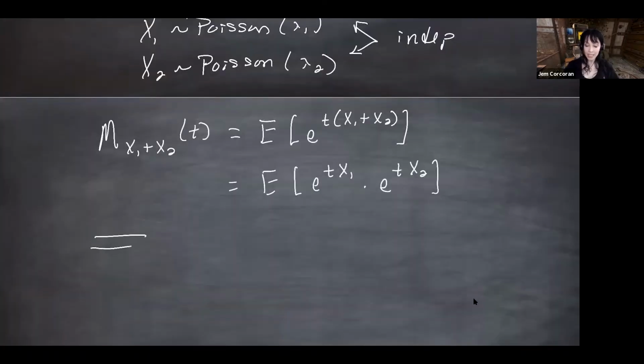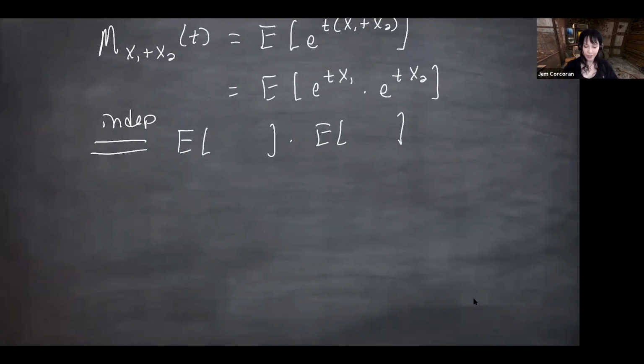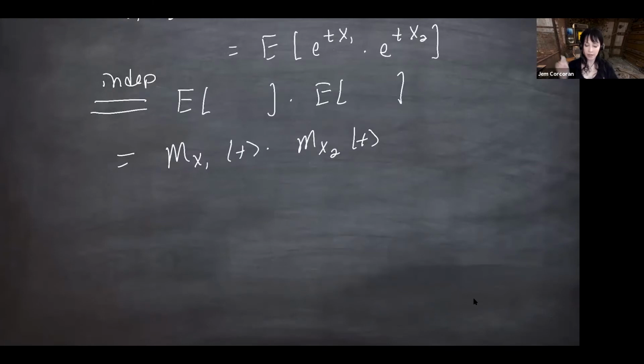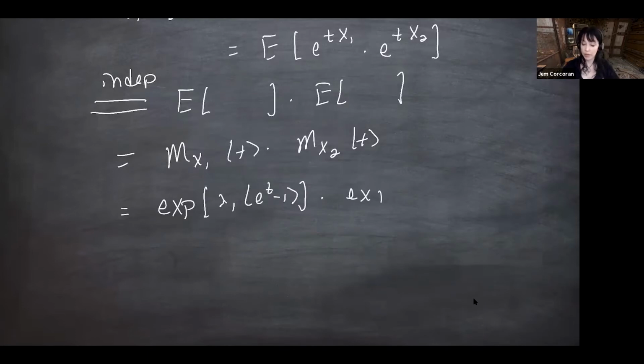And because they're functions of independent random variables, you can break it up. We have the moment generating function of the first one times the moment generating function of the second one. I'm not saying you need to know these off the top of your head, but the moment generating function for the Poisson was e to the lambda, in this case lambda 1, times (e to the t minus 1). And then the other one, the same thing, but with a lambda 2.